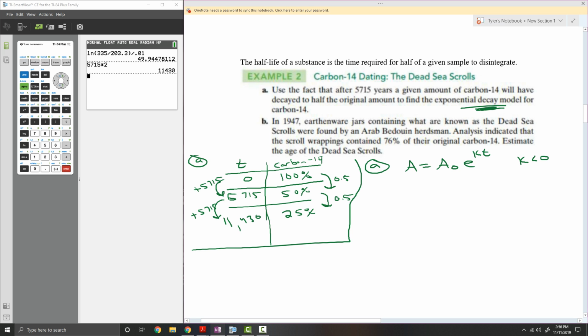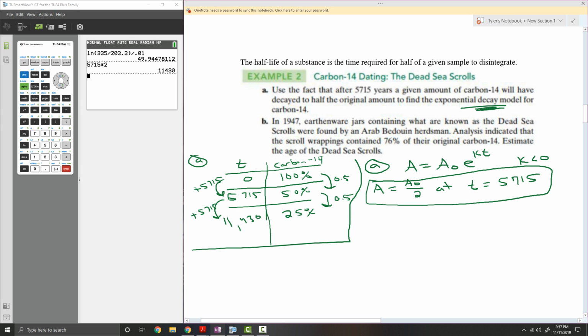And then another fact that we know is that A is going to equal your initial amount divided by 2 at the time 5,715. This is another fact we know, just by half-life.